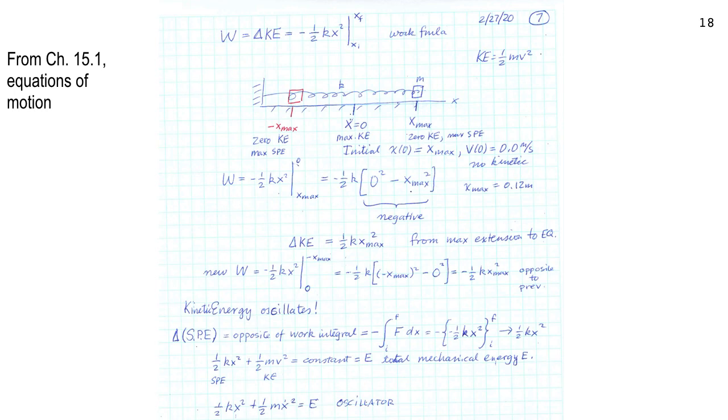So the work, which is the total change, I'll call it delta KE, is going to be equal to minus 1/2 k x squared evaluated between xi and xf. All right, now let's draw. So that's the formula from the previous page, the work formula for the harmonic oscillator equation.